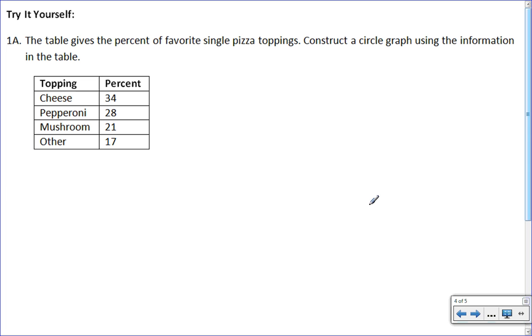Okay, your central angle measures for the first one, for cheese, will be 122.4 degrees. For pepperoni, 100.8 degrees. For mushrooms, 75.6 degrees. And for other, 61.2 degrees.